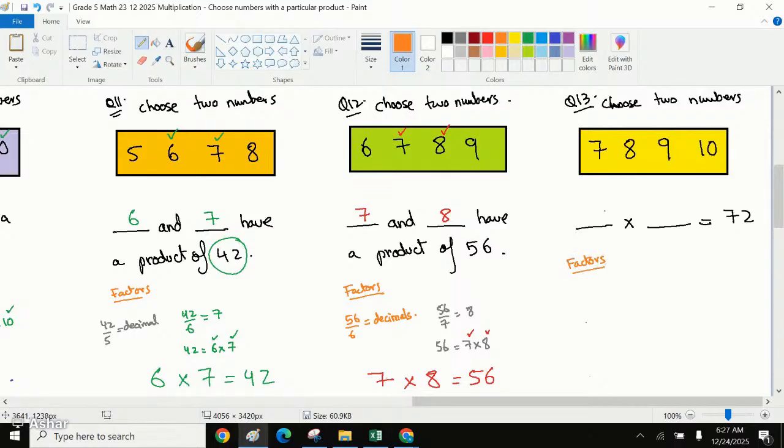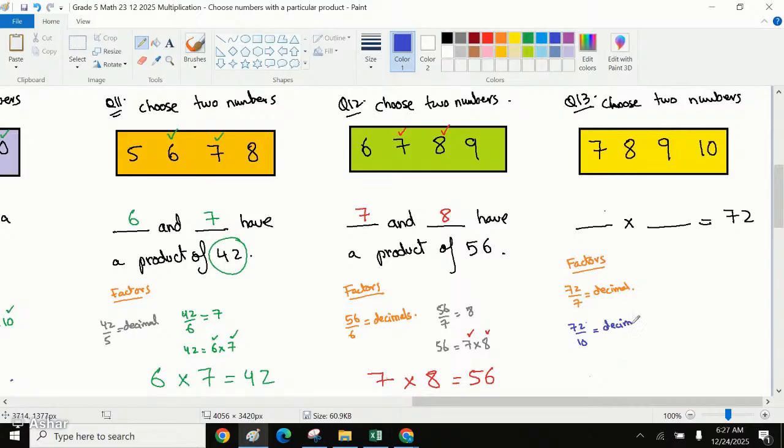Factors are whole numbers which can be broken down from a larger number. So if 72 is divided by 7, this cannot be perfectly divided. It gives us a decimal number, right? If 72 was divided by 10, that would be 7.2, right?